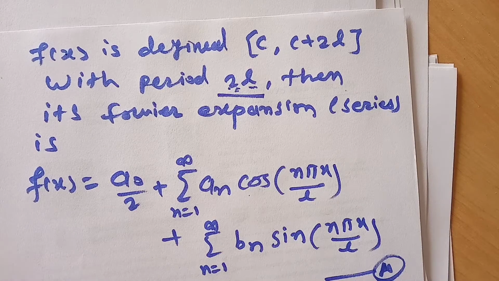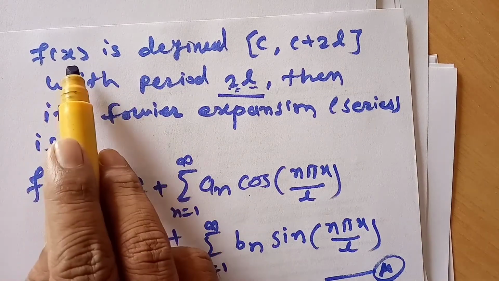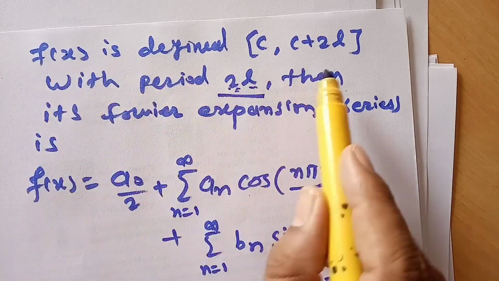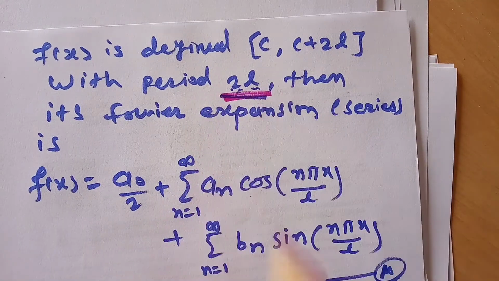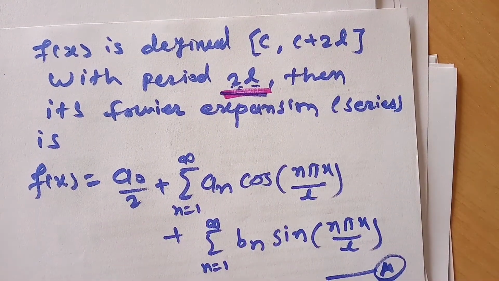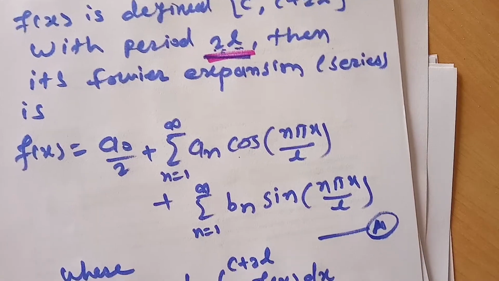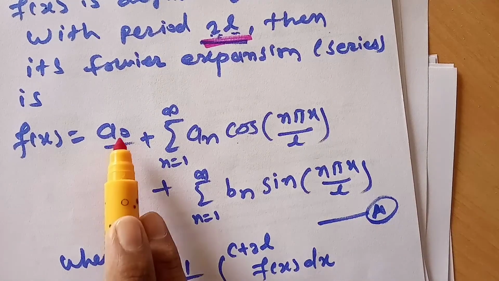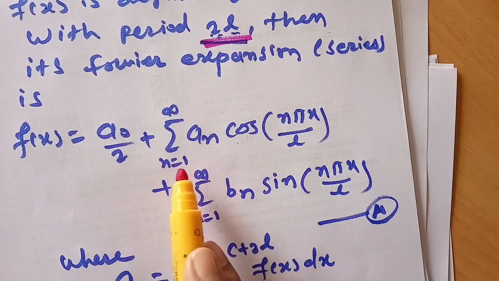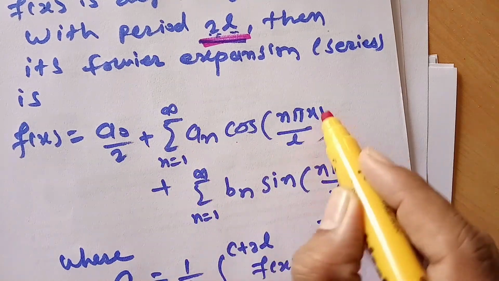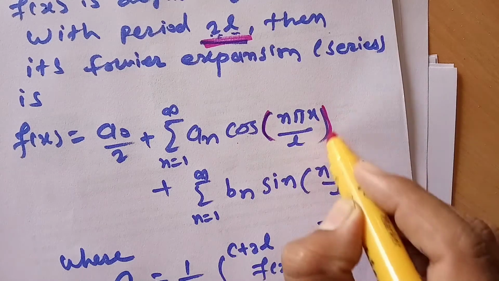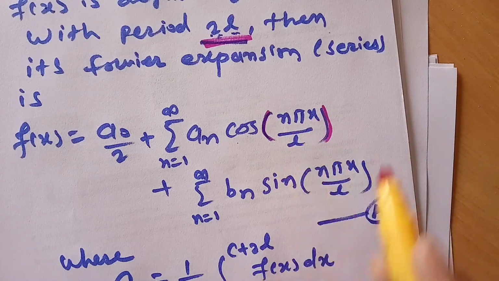Before that, let us write the Fourier expansion for this function f of x defined in this interval with period 2l. Its Fourier series expansion is f of x equal to a0 divided by 2 plus summation n equal to 1 to infinity a_n into cos of n pi x divided by L, this angle is important.